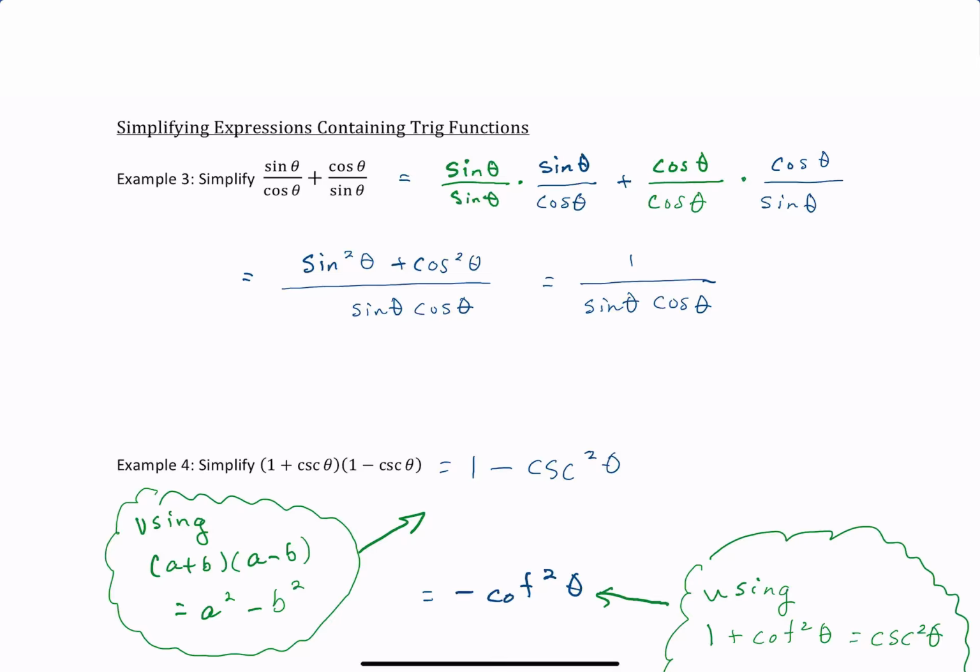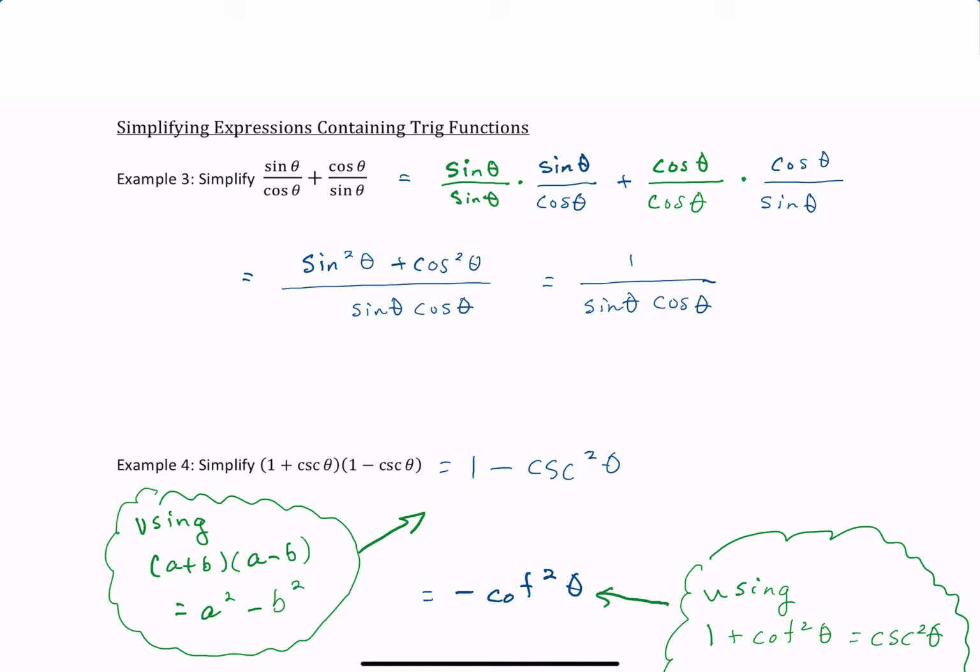That's multiplying sine of theta over cosine of theta. Then we have plus. The second fraction I'll multiply by cosine of theta over cosine of theta. So then we have times cosine of theta over sine of theta.